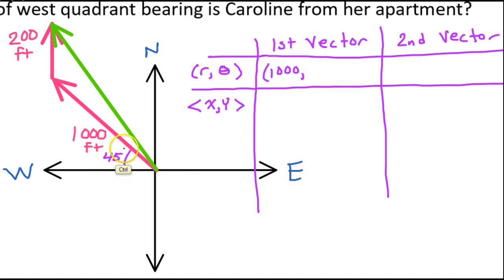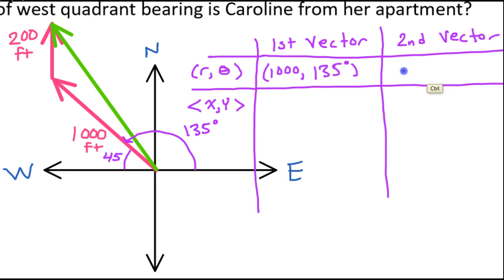If this reference angle is 45, and we measure from east all the way over counterclockwise to here, that is going to be 135 degrees. I got that from taking 180 minus 45. So the direction is this 135 degrees.